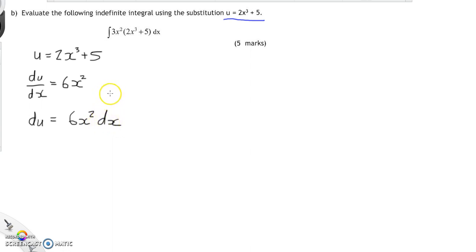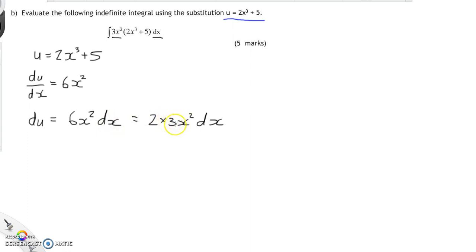And you can see this all looks very familiar here. You see this 3x squared and the dx. So we could write that as 2 multiplied by 3x squared dx. So that would be our du.